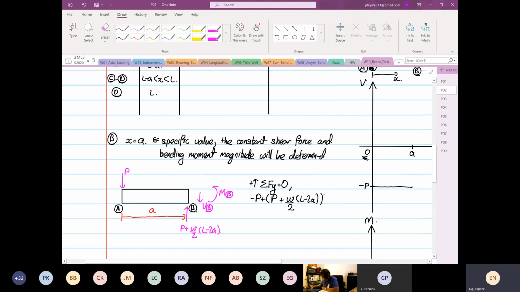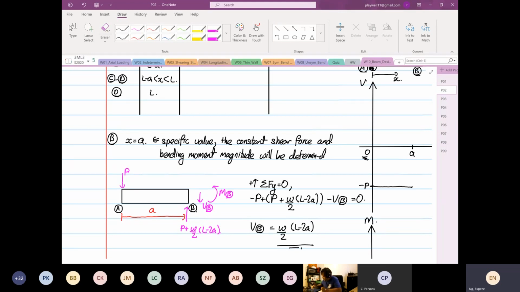And then you put minus V at point B. The whole thing will be equal to 0. Okay. So V at point B will be equal to omega over 2 (L minus 2A). Okay. So like what I told you, it's going to be a constant number. It's not going to be a function of x anymore.